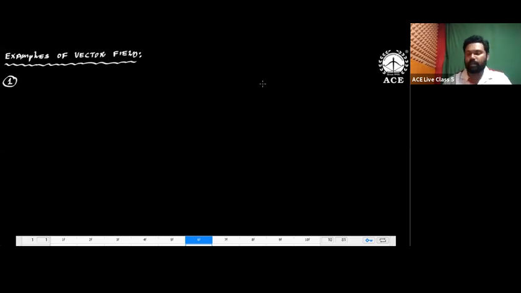Water flow in the river is the best example for the vector field. At each and every point, it has got a direction as well as the water is moving with certain velocity. Water flow in the river.